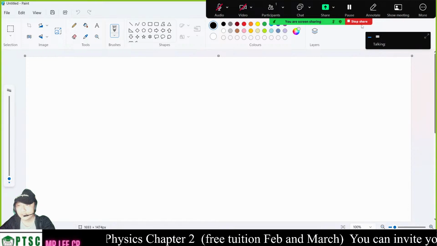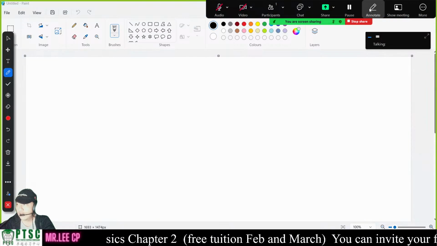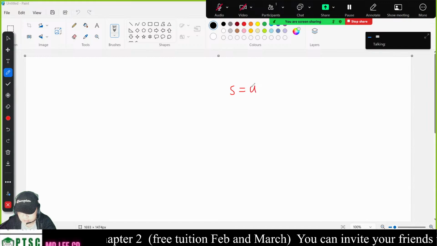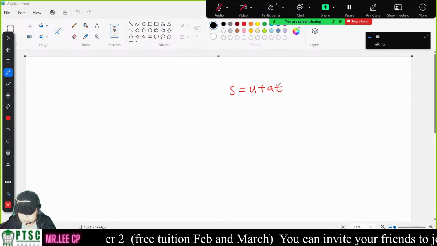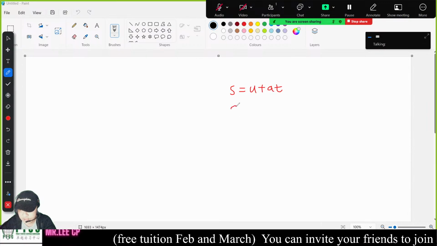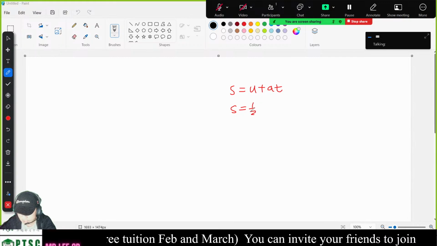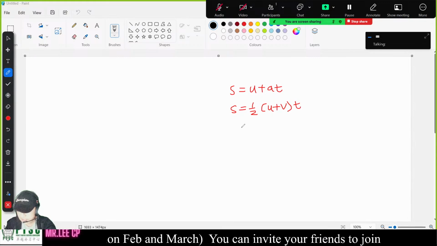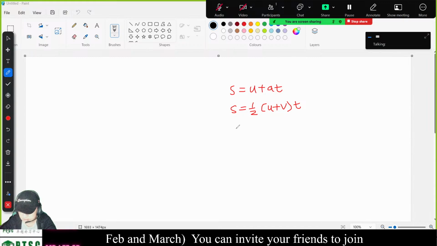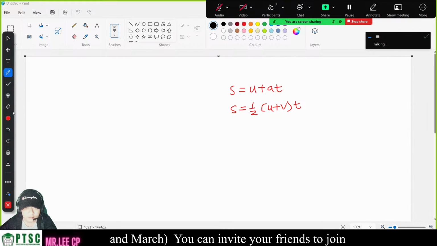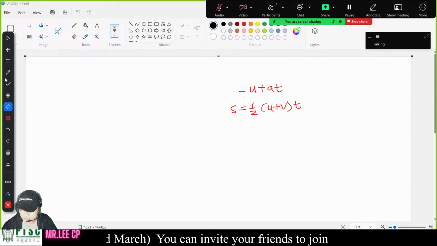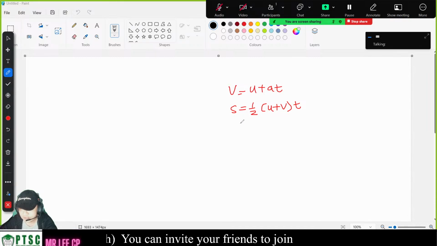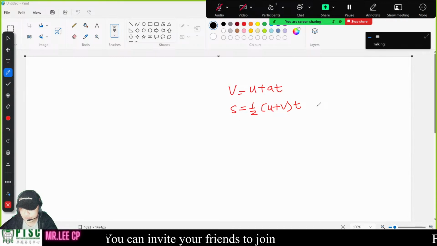The first formula is V is equal to U plus AT. Sorry, this one should be V. The second formula is S is equal to half times (U plus V) times T. I'm sorry.